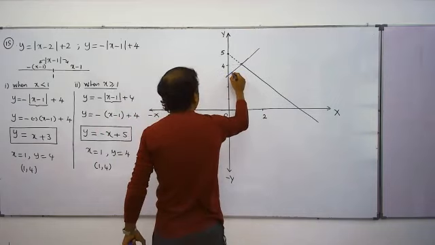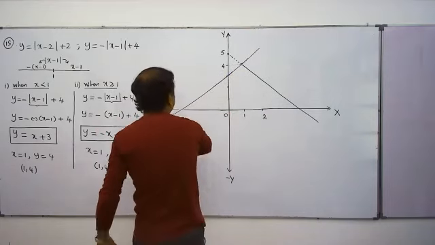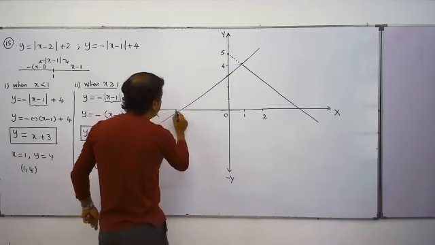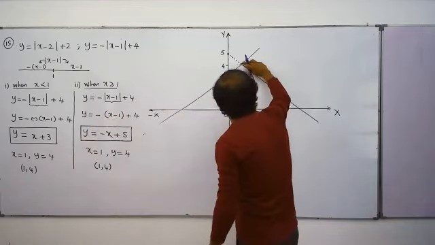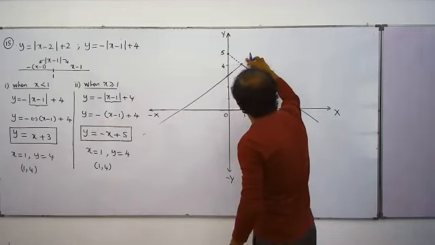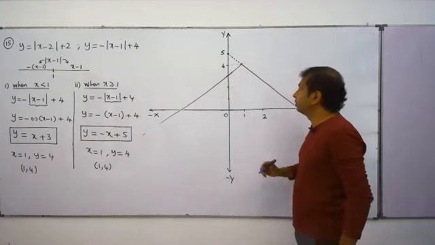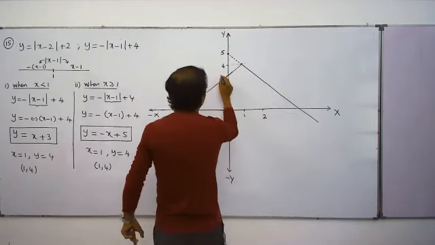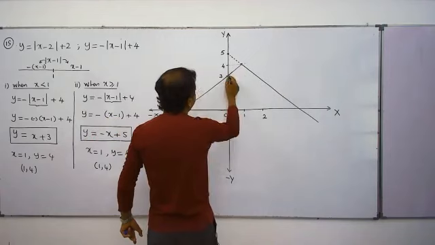Right, people? Is that line. But this part is not necessary to be there. Then we erase that. This point is 3, right? Okay.